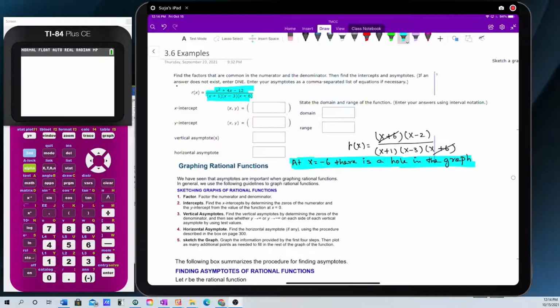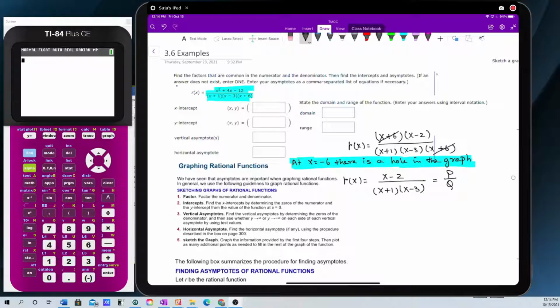So the next step here is to find the x-intercept. Now my simplified rational function is r of x equals x minus 2 over x plus 1 times x minus 3. An easy way to look at this is that it is of the form p over q.